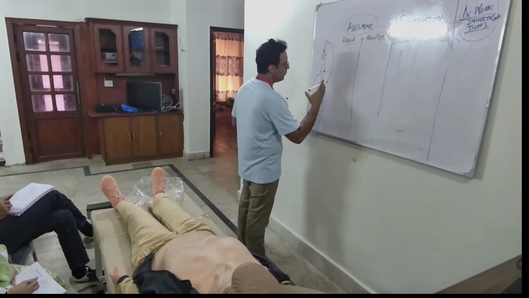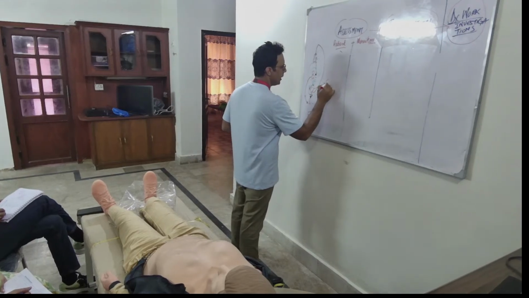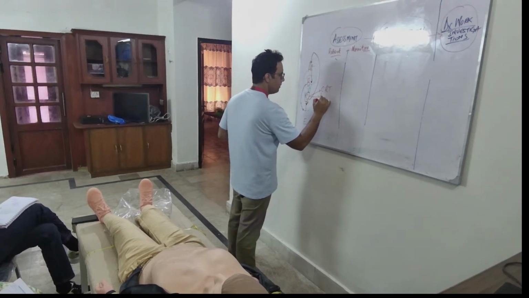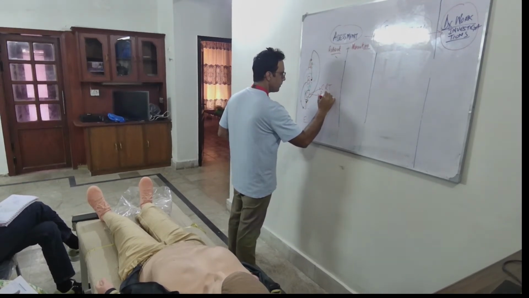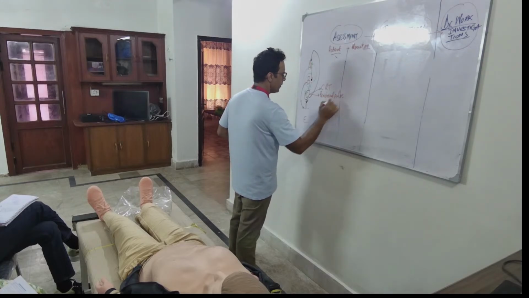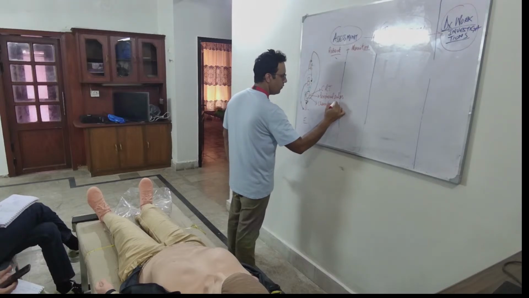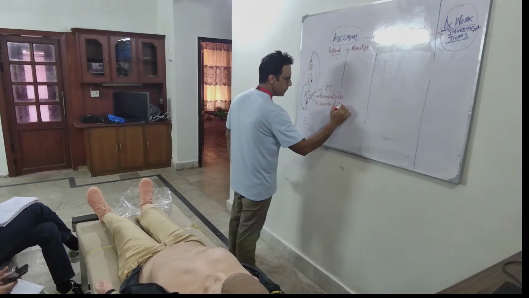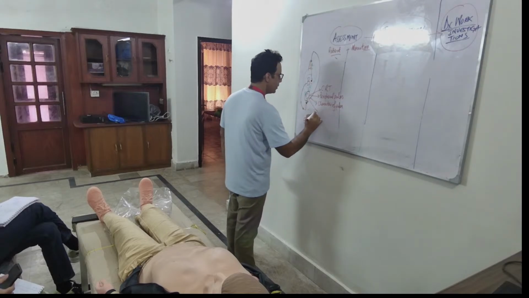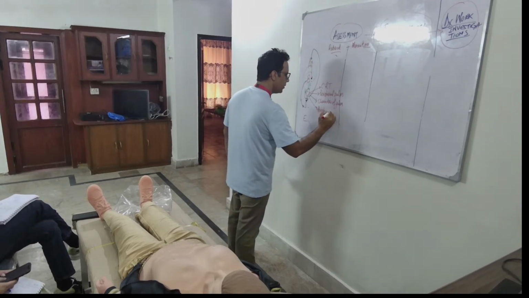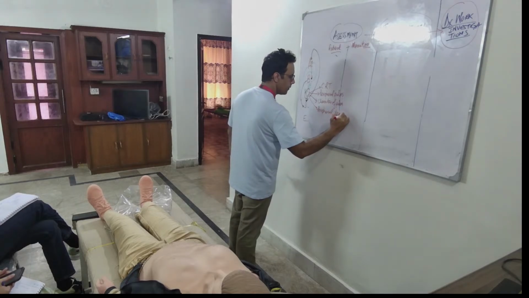To make it easy, capital T for time: capillary refill time, peripheral pulses, character of pulses, and peripheral temperature.